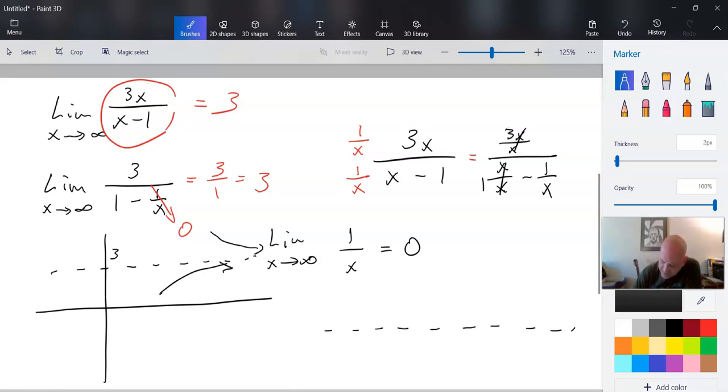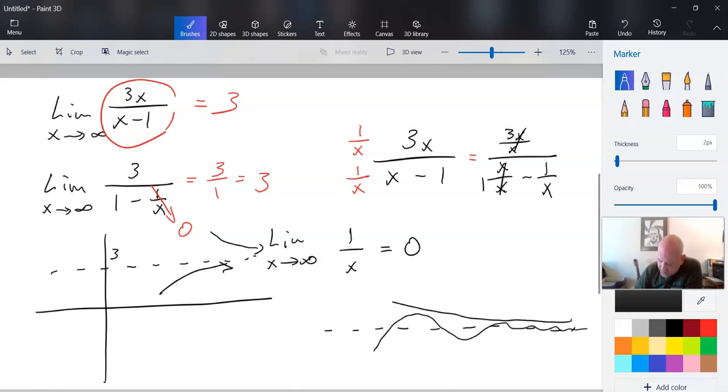If I have a line that's an asymptote, there's often this misconception that you're not allowed to cross an asymptote. That's not true. An asymptote just means that even if it crosses, it has to get closer and closer without getting farther away again, right? So it has to keep getting closer. So there are asymptotes that actually get crossed an infinite number of times as long as they get closer and closer to the line, right?